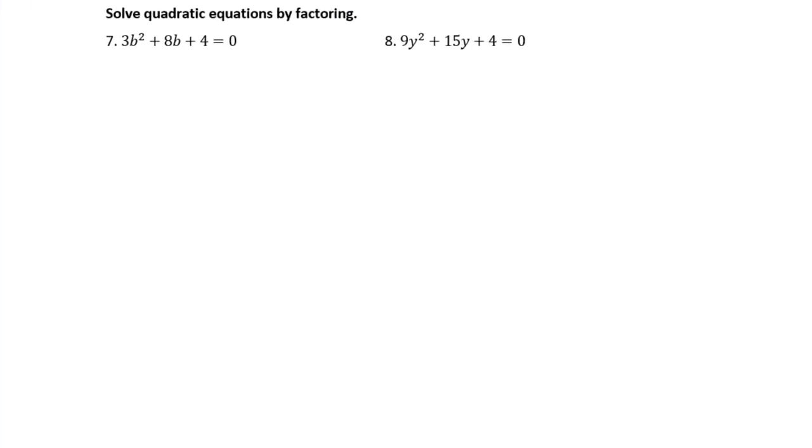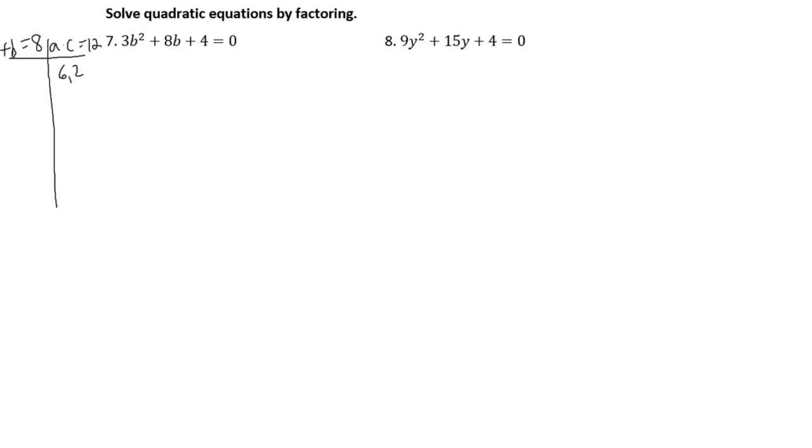All right, let's look at another example. Okay, so here we have a leading coefficient that's not 1. So I showed how to do this with multiple different methods. I'm going to choose to do splitting the middle. So we identify our b as 8, and our a times c is 3 times 4, which is 12. So I need two numbers that multiply to give me 12 and add to give me 8.